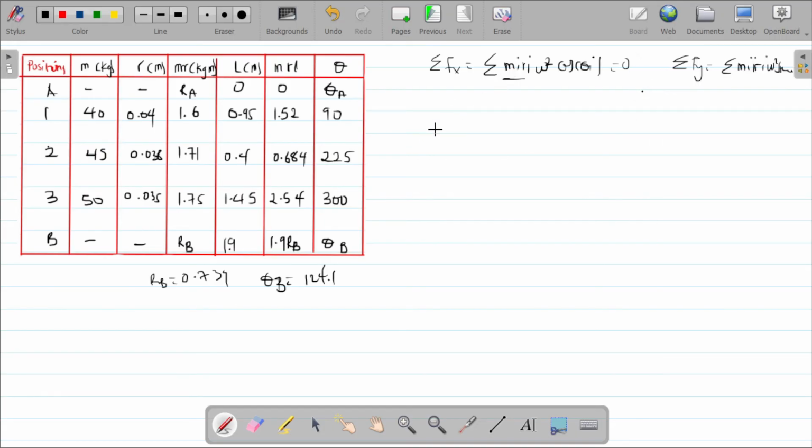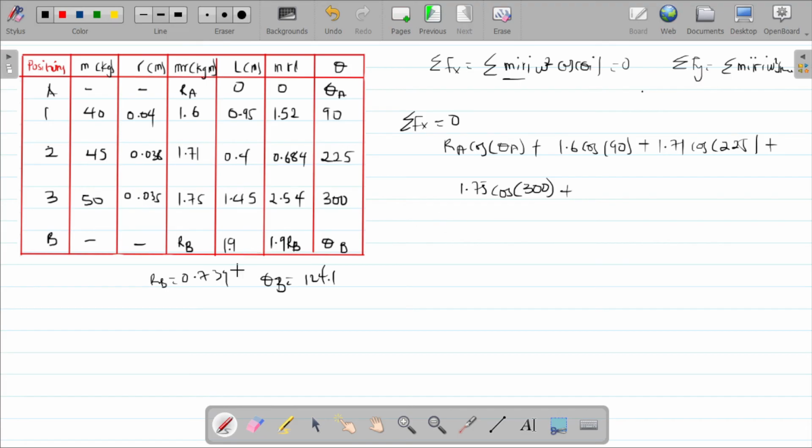All right, so if we come to the sum of forces in the x direction, equal to 0, then RA cos theta A plus M1 R1, which is 1.6 cos 90, plus 1.71 cos 225, plus 1.75 cos 300, plus, and now RB was 0.739 cos 124.1 should be equal to 0.